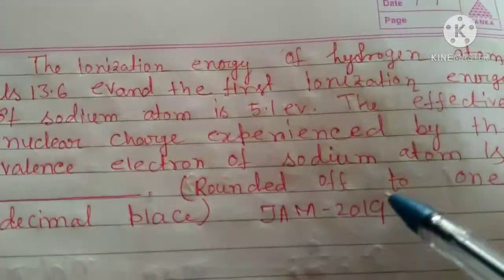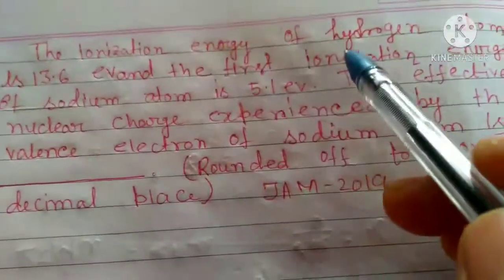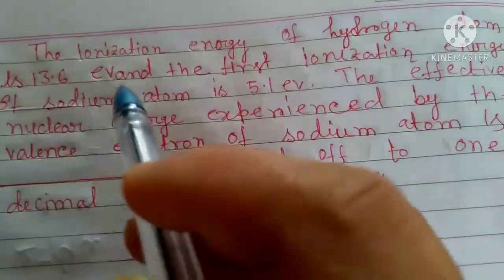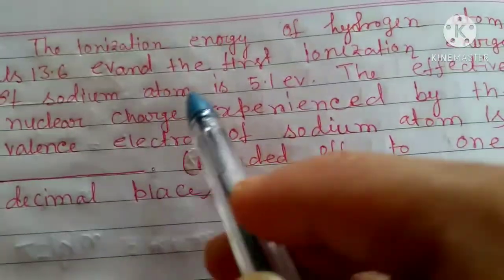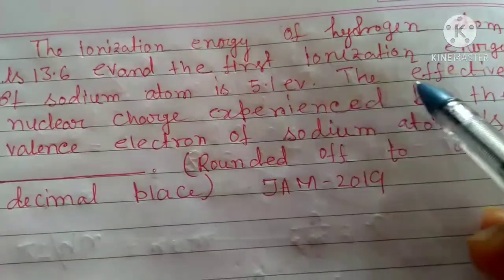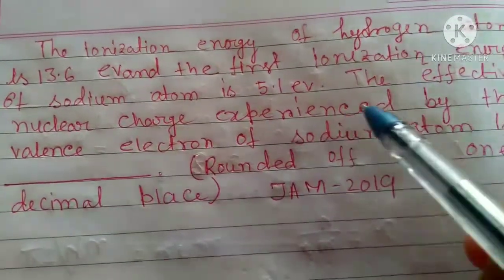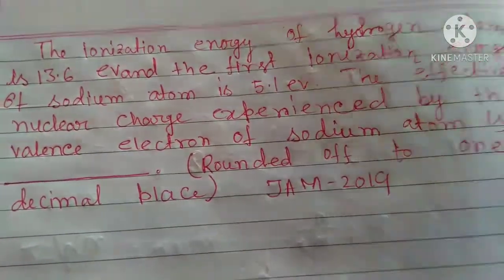Next question came in JAM 2019, question number 51. The ionization energy of hydrogen atom is 13.6 eV and the first ionization energy of sodium atom is 5.1 eV. Okay, the effective nuclear charge experienced by the valence shell electron of sodium atom is.